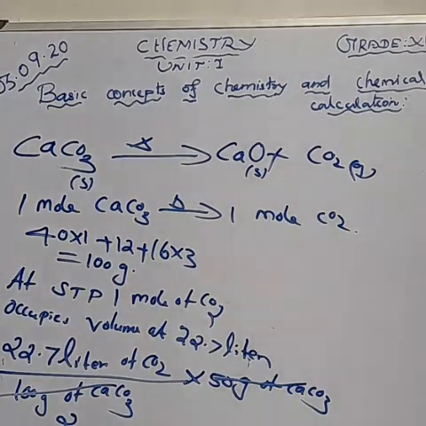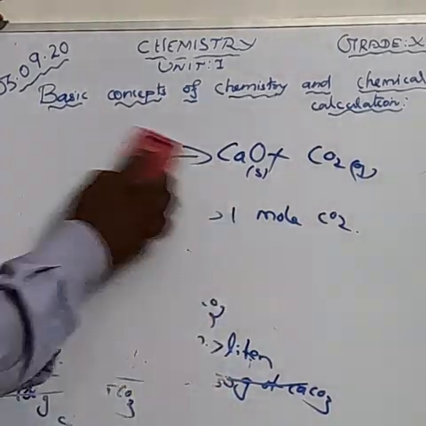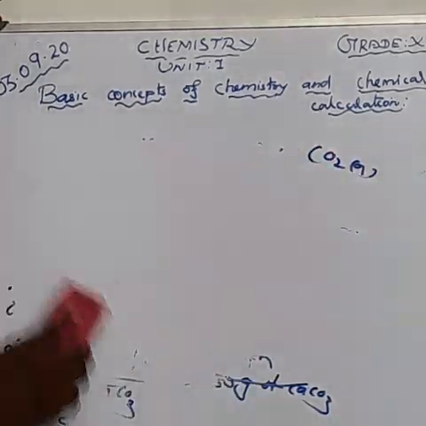How much volume of chlorine is required to form 11.2 liters of HCl at 273 Kelvin and 1 atmospheric pressure? Okay, here first of all, how is HCl obtained? First, how is HCl prepared?